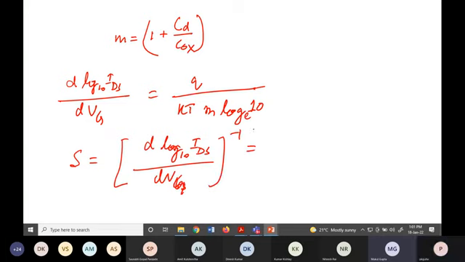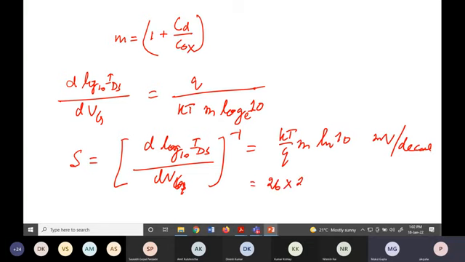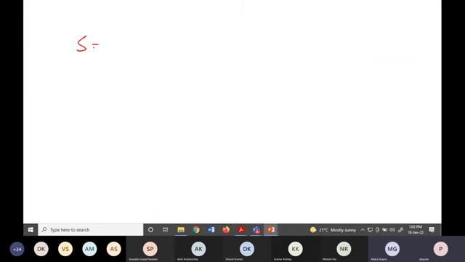This is kT over q times m times ln 10, in millivolt per decade. kT over q is 26 millivolt, or 25.8, and ln 10 is 2.3, and this is m. So this is 60 times 1 plus CD over Cox. So the subthreshold slope S is 60 times 1 plus CD over Cox, in millivolt per decade.